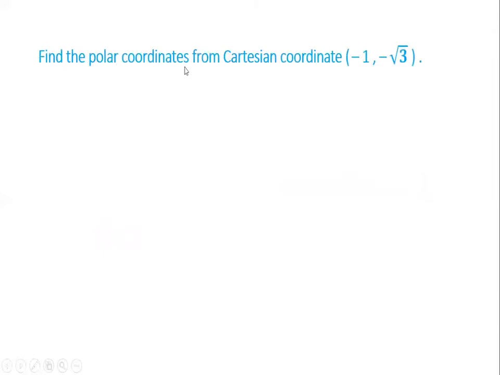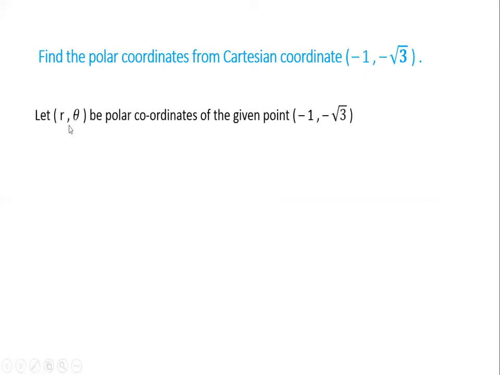Find the polar coordinates from Cartesian coordinate -1, minus root 3. Let r comma theta be the polar coordinates of the given point -1, minus root 3, where r equal to root over -1 square plus minus root 3 square, because you know r equal to root over x square plus y square.